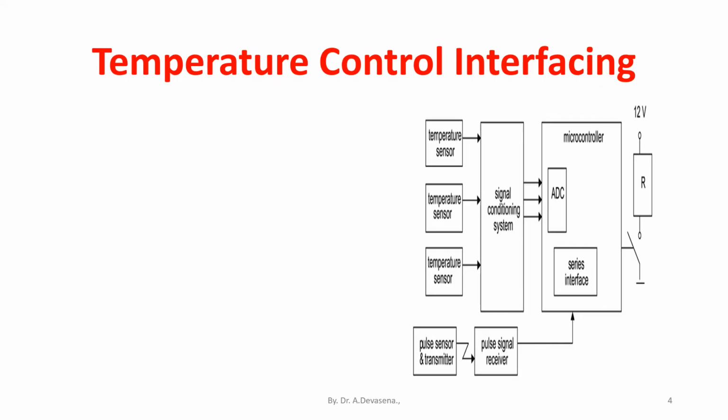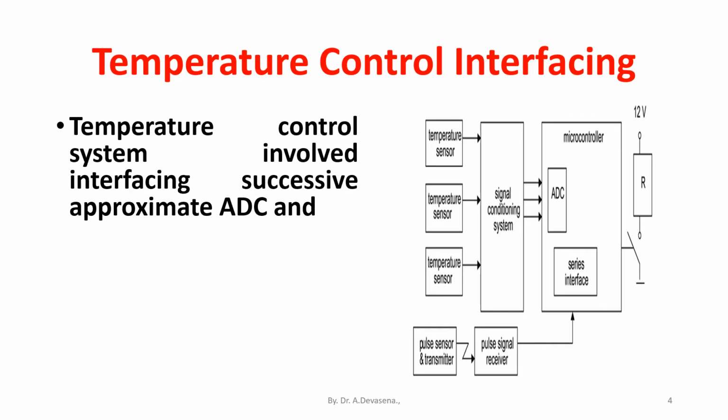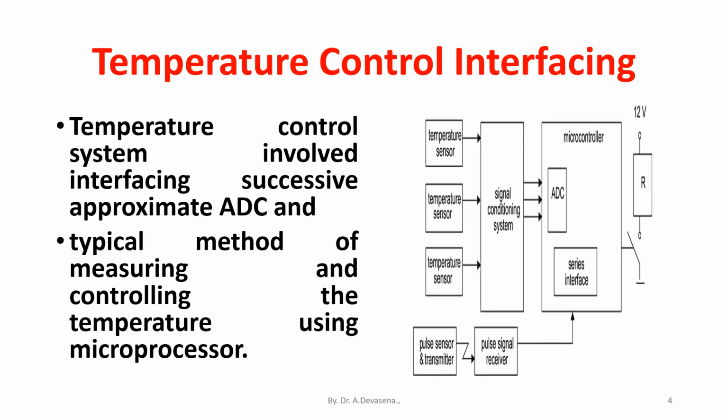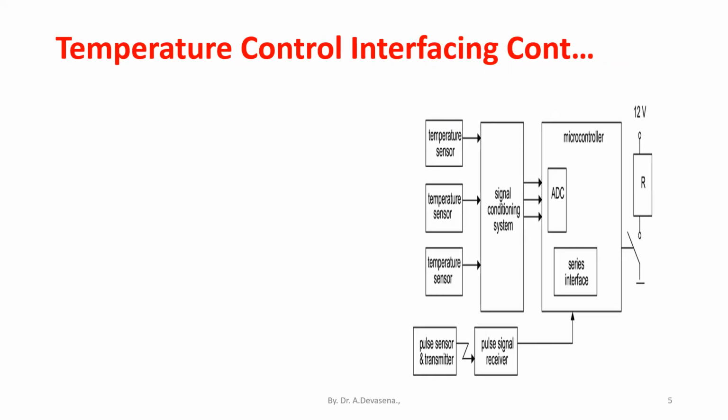Temperature control system involves interfacing a successive approximation analog to digital converter, and a typical method of measuring and controlling the temperature using a microprocessor. A digital computer uses binary values, but in the physical world everything is analog.